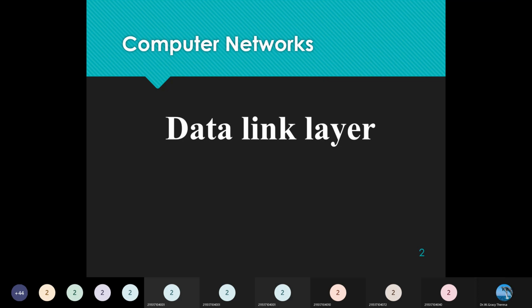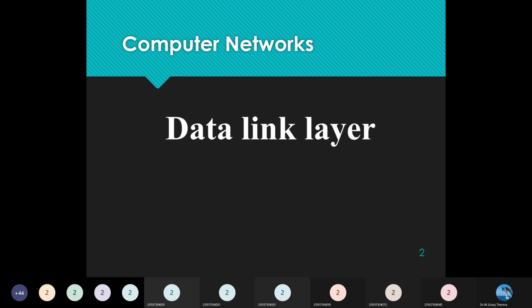All these things we have seen in detail in the physical layer, which deals with how the bits are represented and how they are sent from the source end to the destination end, using different topologies and links.